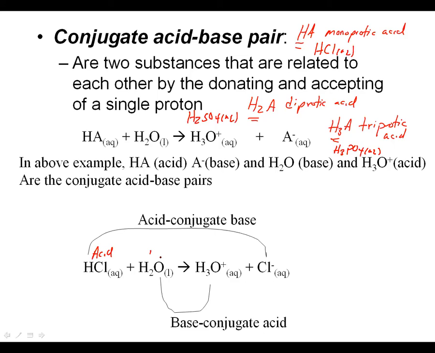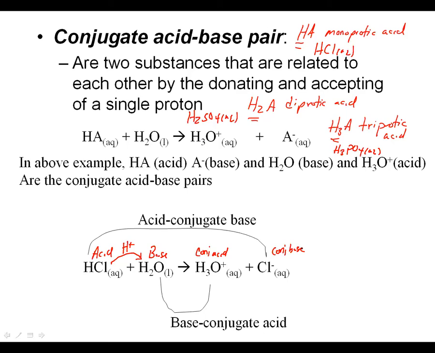So the H plus is heading over to the water, and that's going to produce H3O plus and Cl minus. The H3O plus is going to be the conjugate acid to the base, which is water, while our Cl minus will be our conjugate base to our acid, which is the hydrochloric acid.